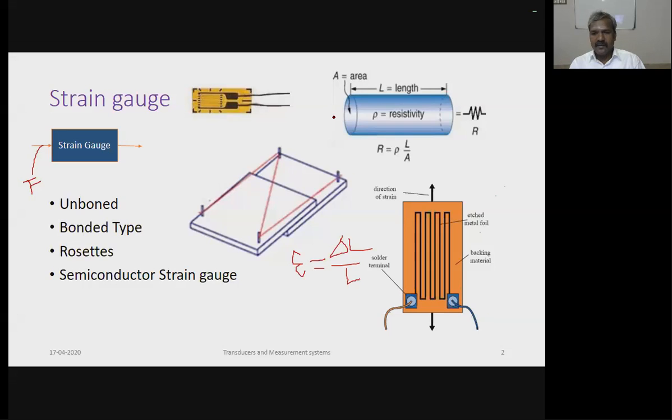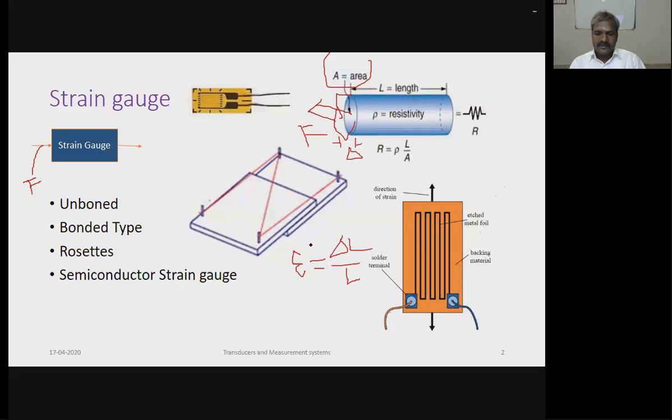Say this is a cylindrical bar or rod or wire, whose cross-sectional area is A and length is L. When we apply a tensile force on this side, suppose this end is fixed, there will be an elongation of this cylindrical bar. This elongation is the change in length, or increase in length, represented by del L.